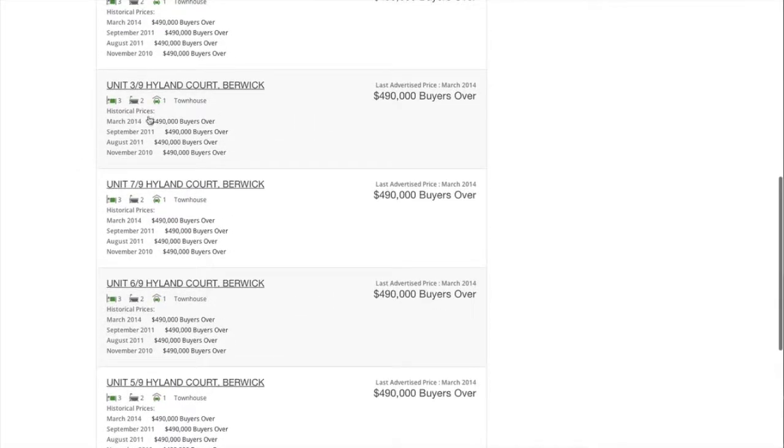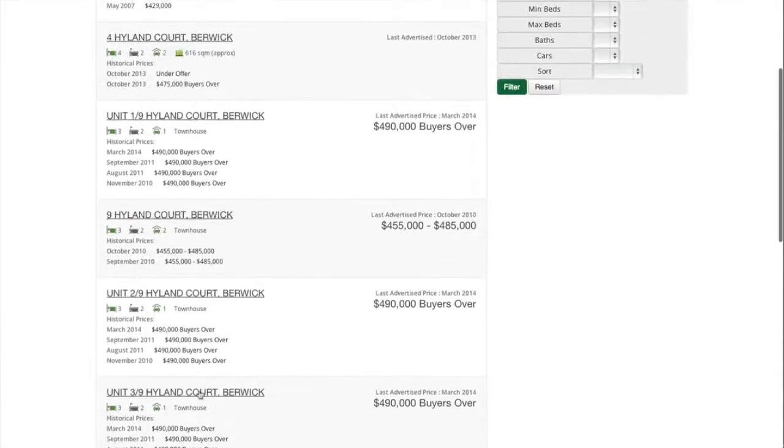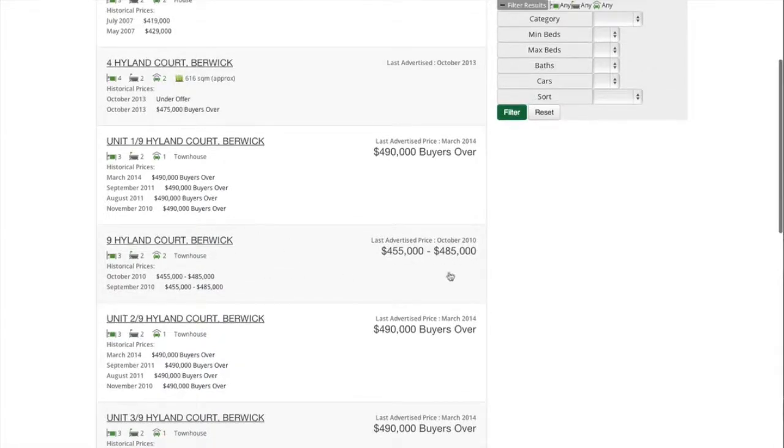And I found 9 Hayland Court, Berwick, which is the property that's actually on sale, and they're trying to sell it off the plan because it hasn't been built. What I can find out here is that in October 2010 it was probably last advertised between 455 and 485, and since then the vendor has gone and got a permit for 7 townhouses on that block of land.